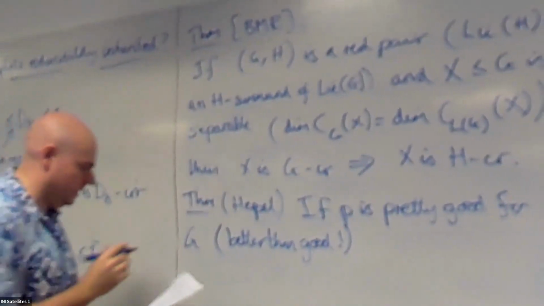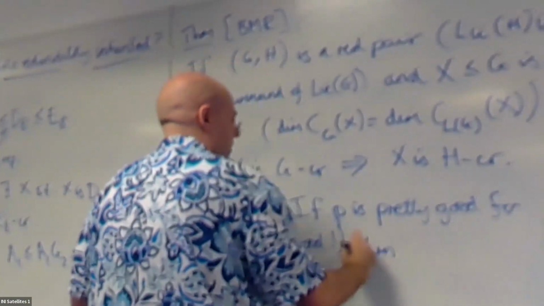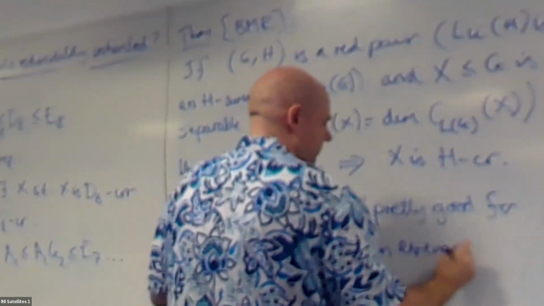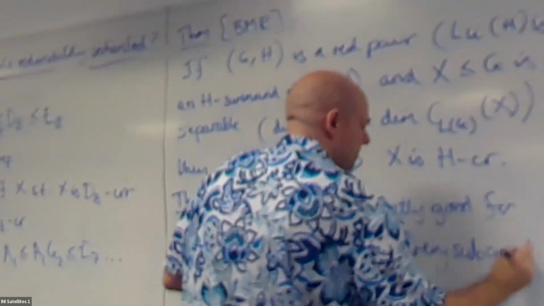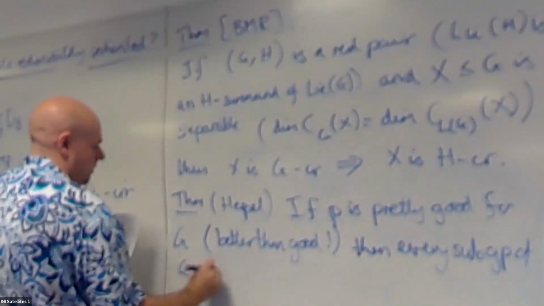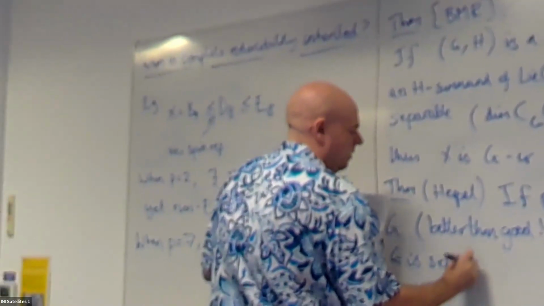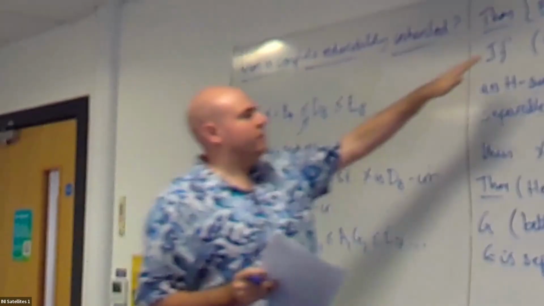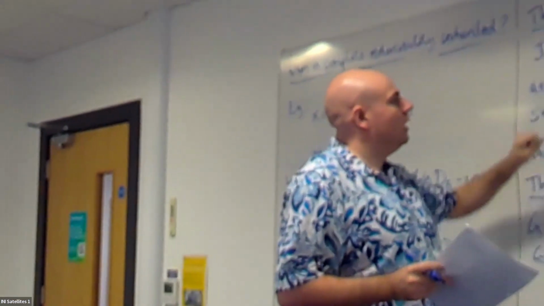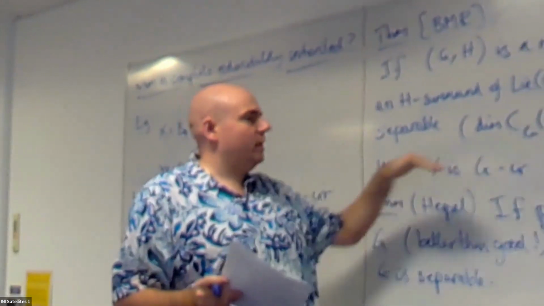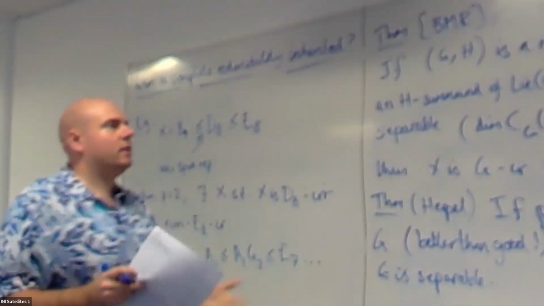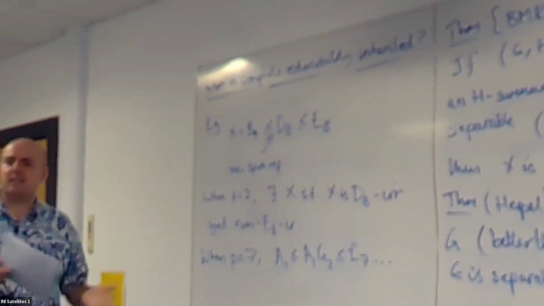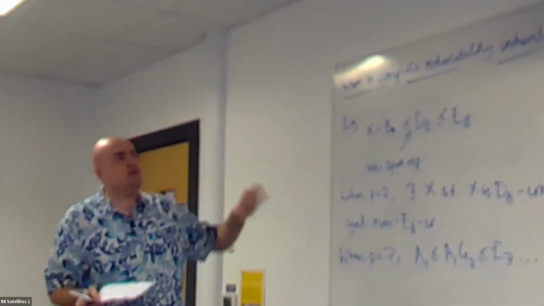Surprisingly, not much stronger, in fact, but in any case, then every subgroup of G is separable. So again, you can get to a result which says if you're a reductive pair and p is big enough, then everybody is descending hereditary, which again is just a kind of reasonable sanity check that you're doing something right.